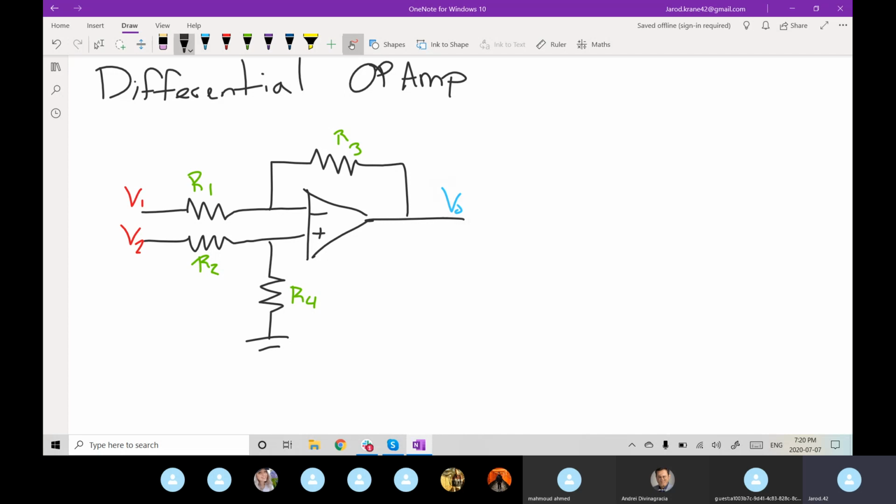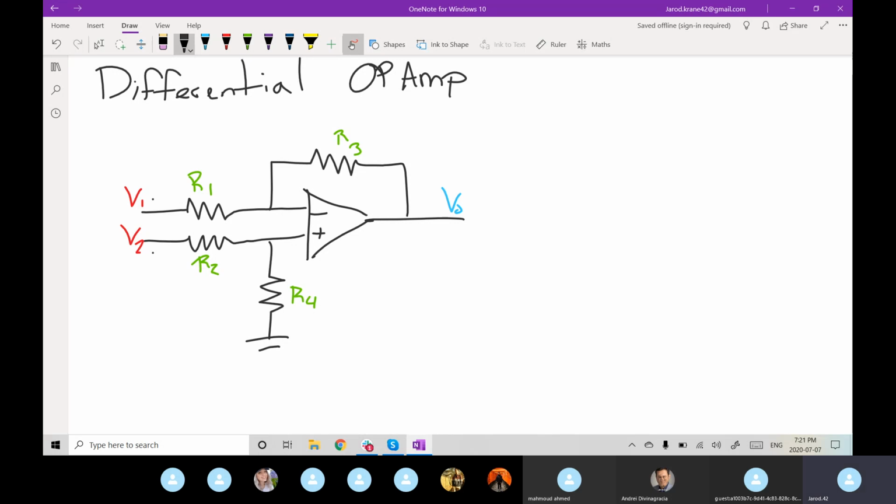So the idea to this is we have different voltage values coming in, constantly changing, and they're being basically compared to each other.